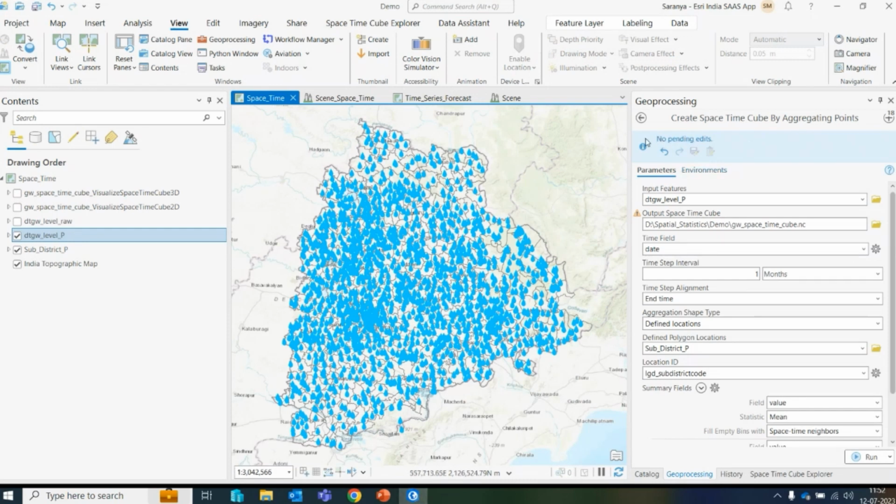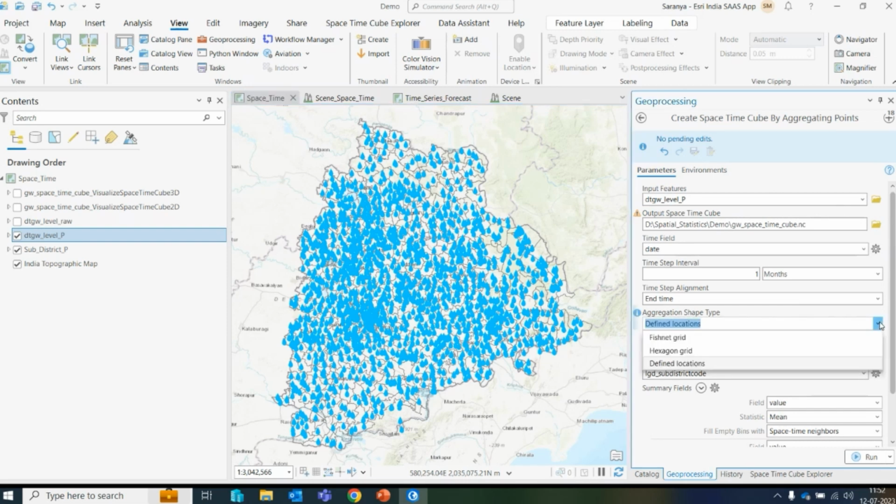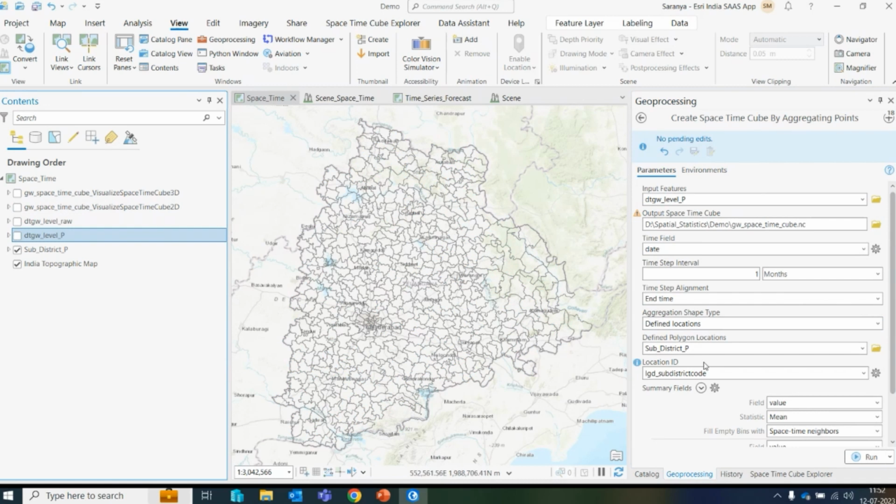What I'm trying to do is first create a space-time cube. My input will be this point feature layer and the time field is date. Here I can aggregate these points into a fishnet or defined locations. Here I am aggregating them to the sub-district boundaries, so I can make this analysis at a sub-district level.